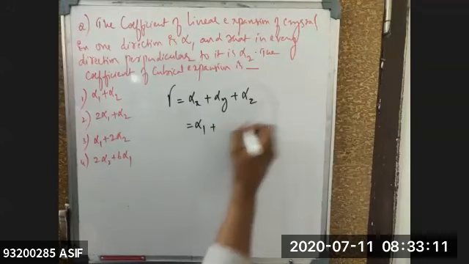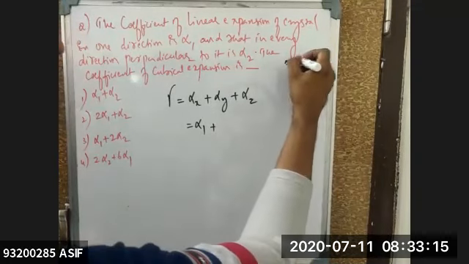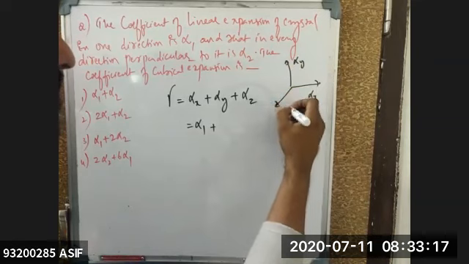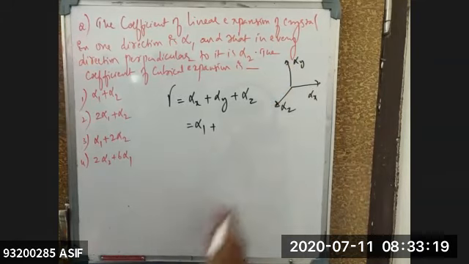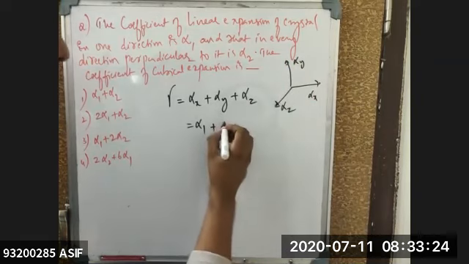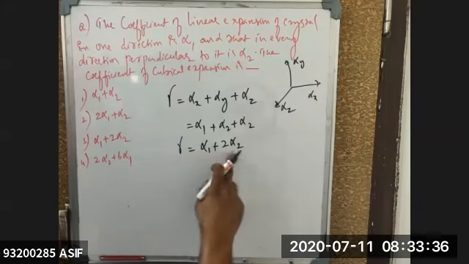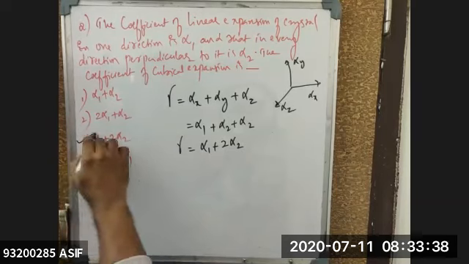These two are perpendicular, because this is alpha x, this is alpha y, and this one is alpha z. Alpha x is nothing but alpha 1, and the remaining two perpendicular ones are given as alpha 2 each. So this becomes alpha 1 plus 2 alpha 2. So the gamma value is equal to alpha 1 plus 2 times alpha 2. That means the third option is your answer.